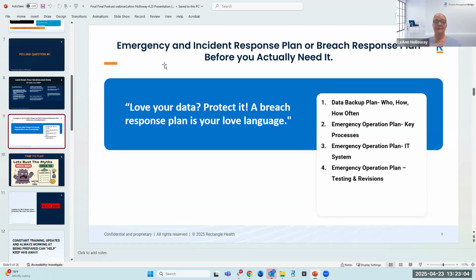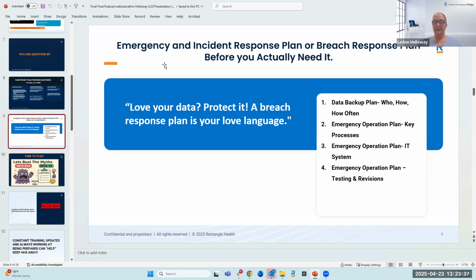And when it happens, the clock starts ticking right away. Under HIPAA, you have no more than 60 days to notify patients, the Department of Health and Human Services, and in some cases, the media. If your breach is 500 or more individuals, which is easily done, especially with your whole patient database, it's going public fast.